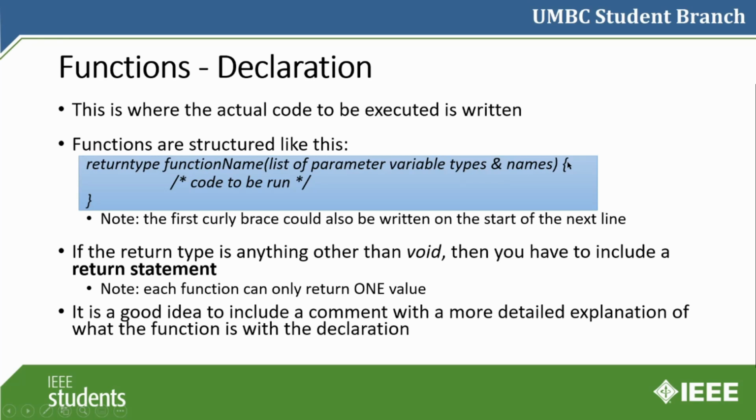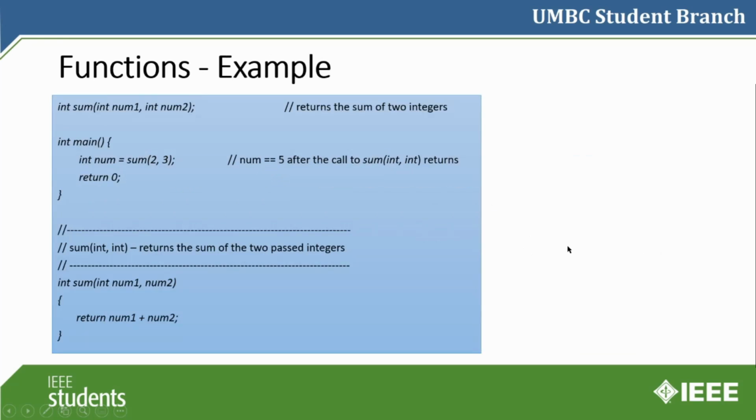You can also have this curly brace being on the beginning of the next line, which is something that I'm showing on the next slide. It's also a good idea to add a comment with a more detailed explanation of the function at the function declaration, and a comment with a more simple, short and brief to the point explanation of what it does with the prototype.